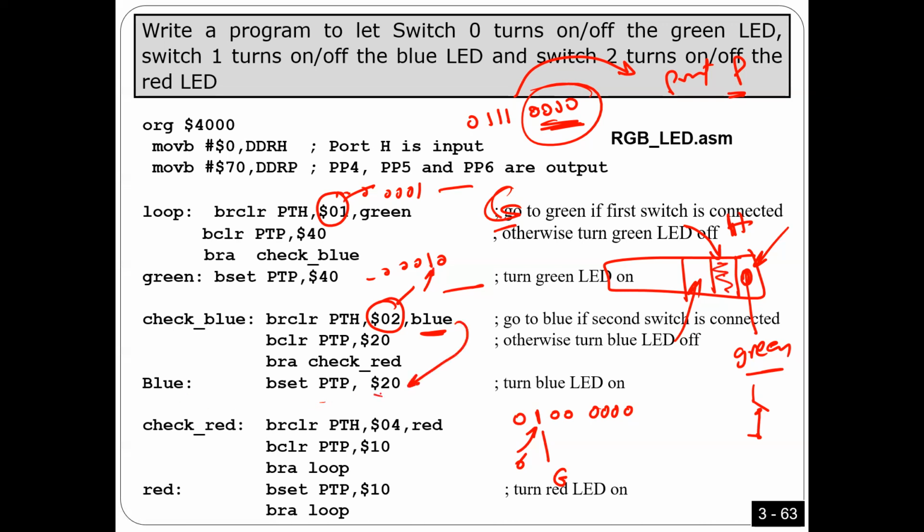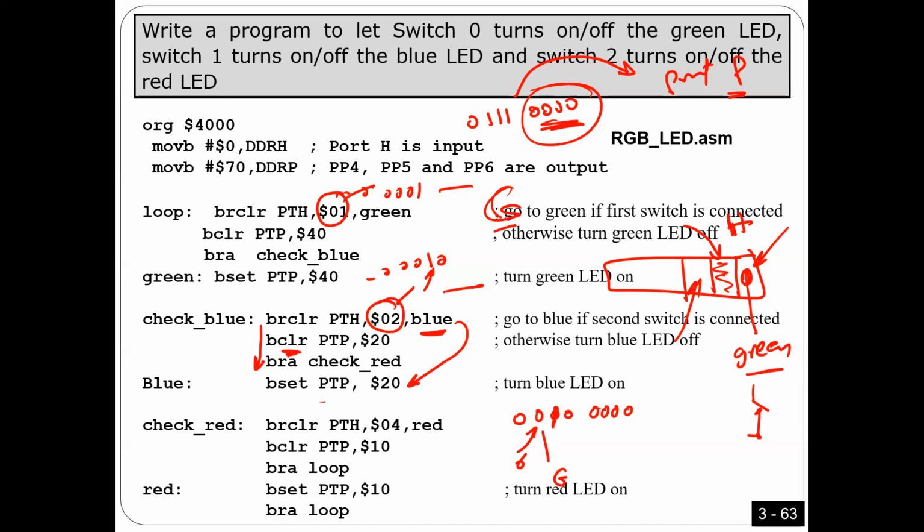In the blue section, I turn the blue on by just putting 1 here. That's why the number is 20. If not, I come this way to put 0 to turn the blue off.